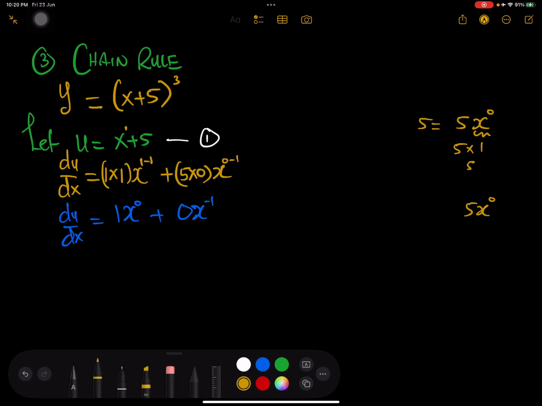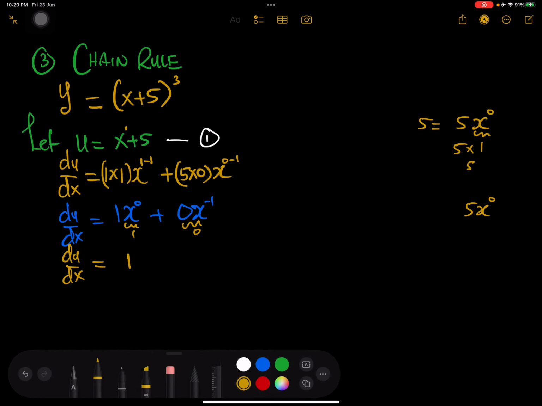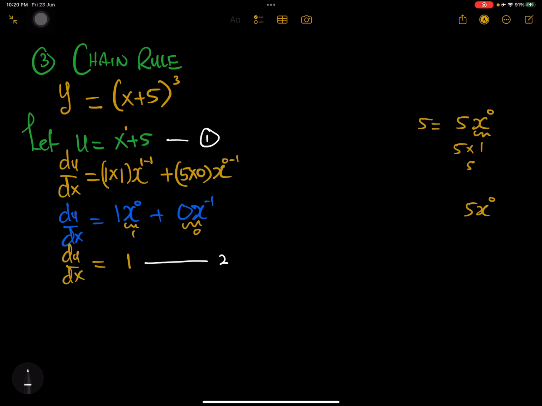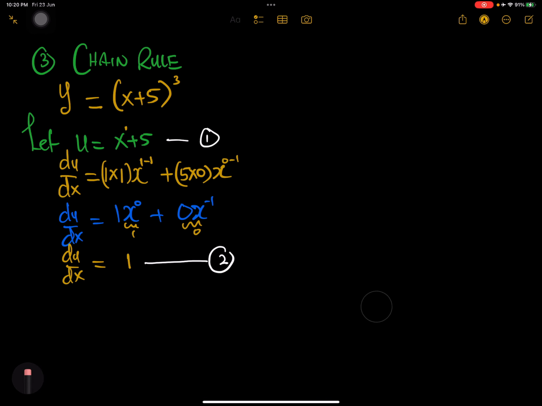Eventually we are getting du dx to be equal to 1, because this goes to 0. So we can name this du dx as equation 2.